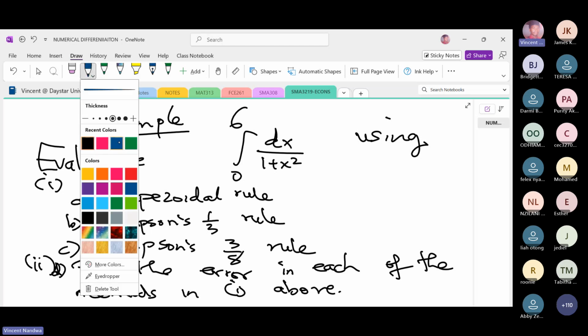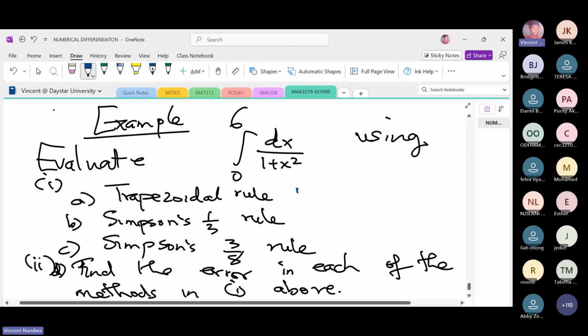So in the first case, I want us to take n to be 6. This also n to be 6. This also n to be 6.